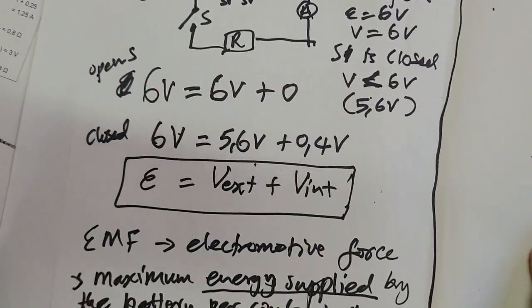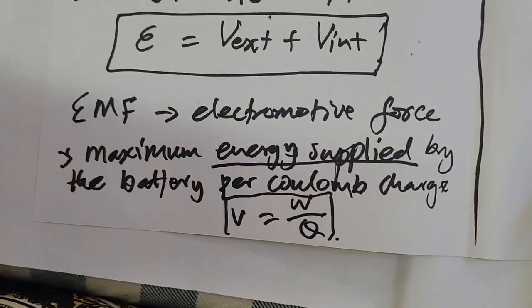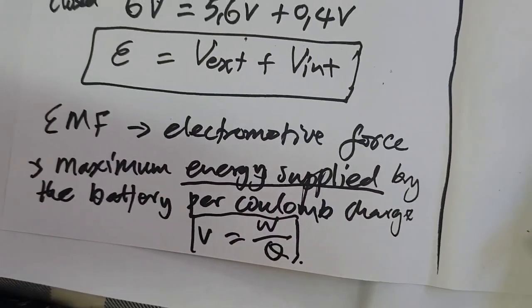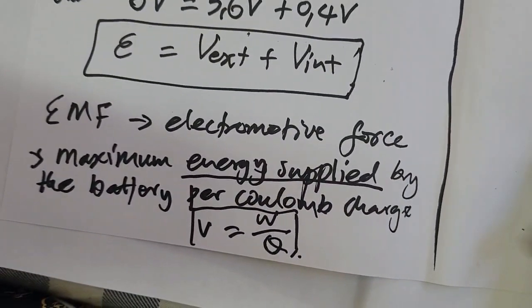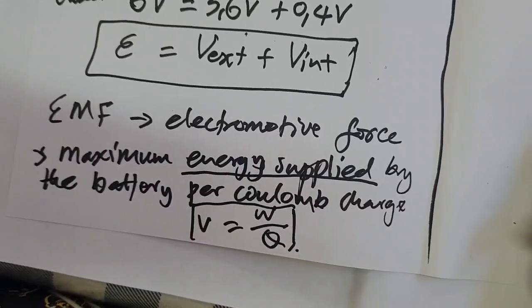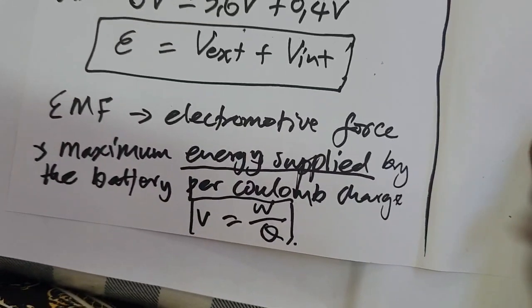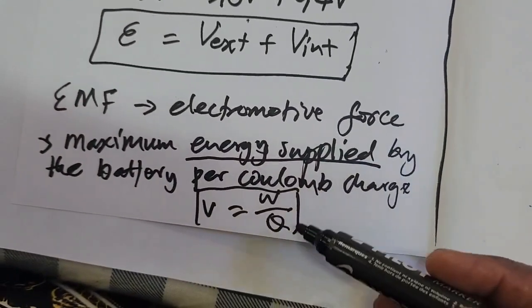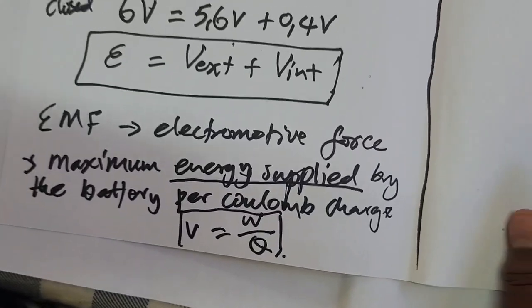And the EMF, by definition, is the maximum energy supplied, or the maximum work done by the battery, per coulomb of charge. We are using the formula V equals W over Q.